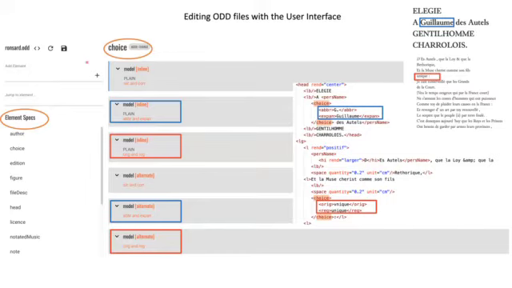So TEI Publisher lets us create for this ODD file, which again is something that translates from the TEI towards HTML or another representation, these things called element specs. And element specs are just saying, for a particular element in the TEI, how do I want to represent it?